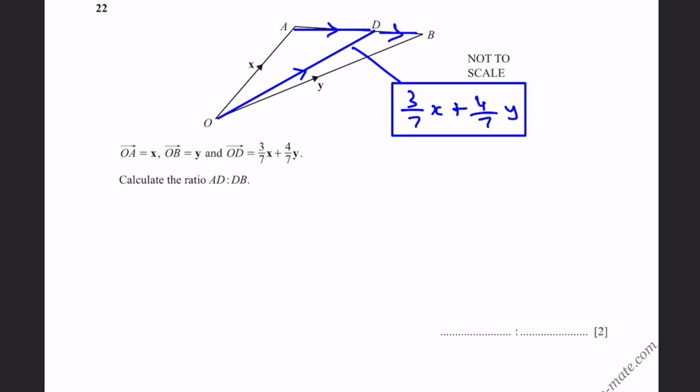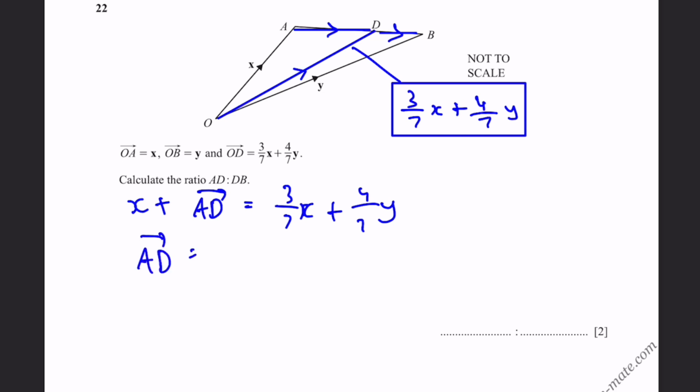That means OA, which is x, plus AD, which I'll write here, is equal to 3 by 7x plus 4 by 7y. Now that means AD is equal to 3 by 7x minus x plus 4 by 7y when bringing x to the other side.